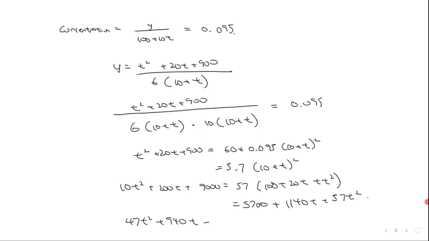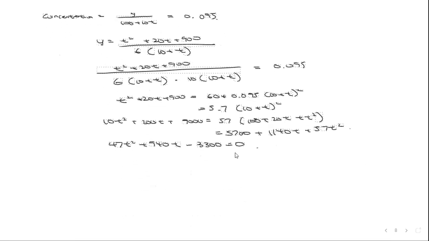Minus 3300. And solve for t. So with that being t, t must equal, well, negative b plus square root of b squared minus 4ac all over 2a.